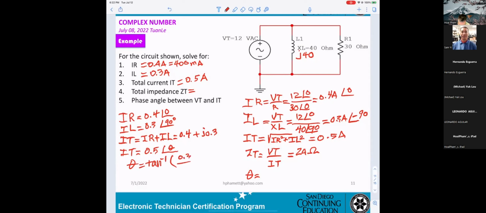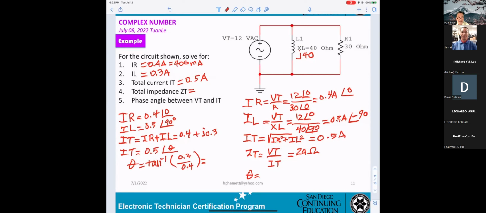Yeah, 36.8. If you're doing the calculation, I want the data telling me what the angle is. 36.8.